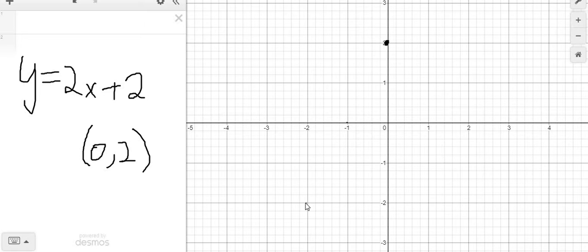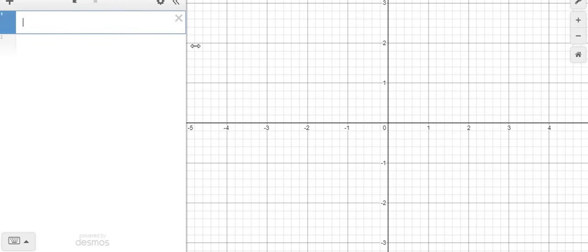And now we'll use the points starting from there. I'm going to type in the linear equation we were given, and it's going to go across the points we made. The points we made were right here, and right here. So it's going to go here, here, and here.